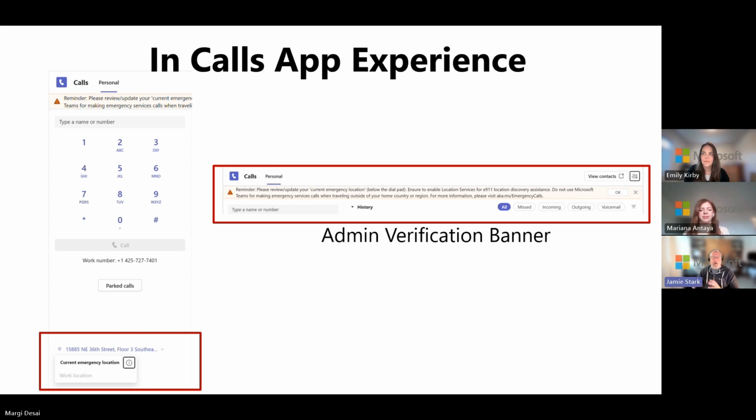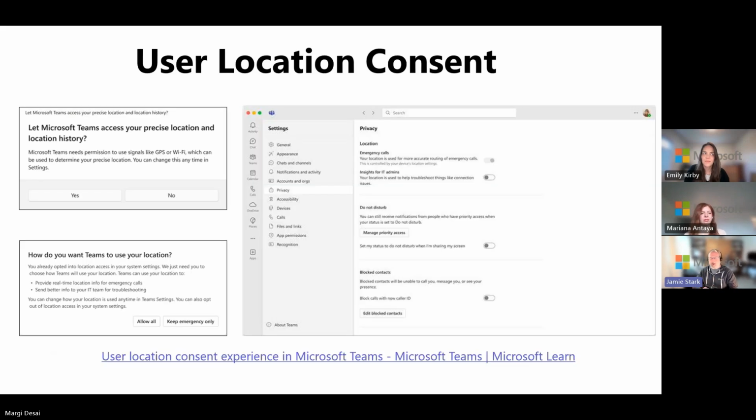It can use the subnet information that comes from the network, or it can use the LLDP, a layer 2 protocol, to determine what switch or what port it's plugged into. So a lot of times, customers are used to setting that up with hard phones, with IP phones, and so any of those three different types of information can be configured within Teams and then used to map that network information to a location.